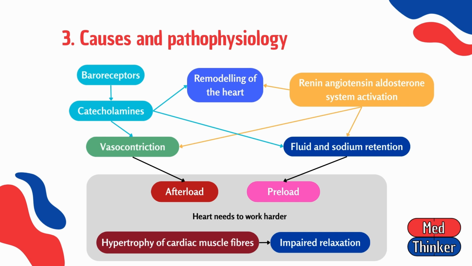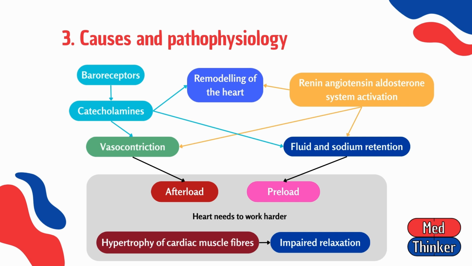The heart needs to pump harder because there is a higher volume of blood present inside it before each contraction, and with each contraction it needs to work against the vascular resistance, which is higher due to vasoconstriction. In order to improve the contractility, the muscle fibers grow in size, and that is defined as hypertrophy.